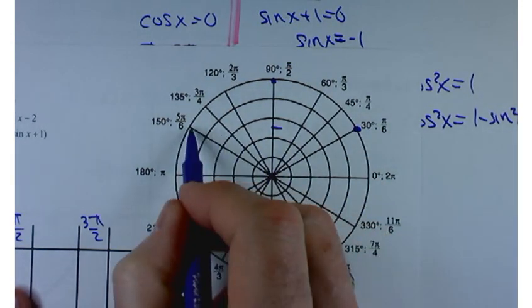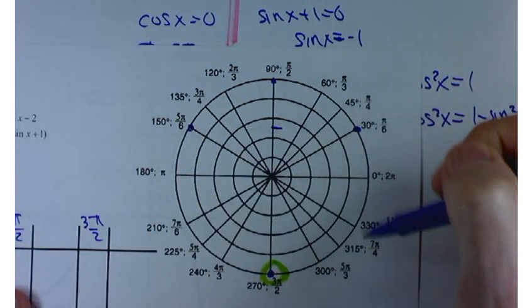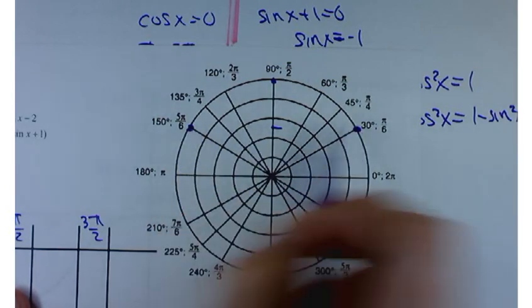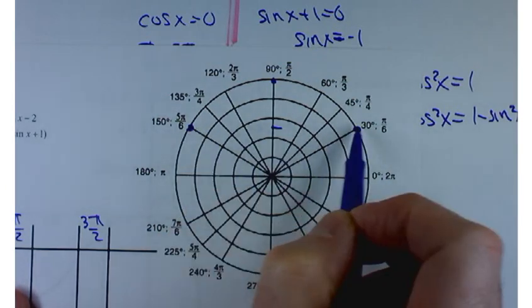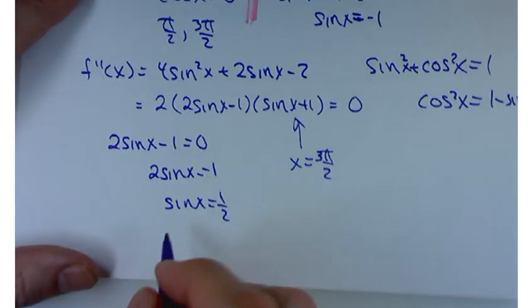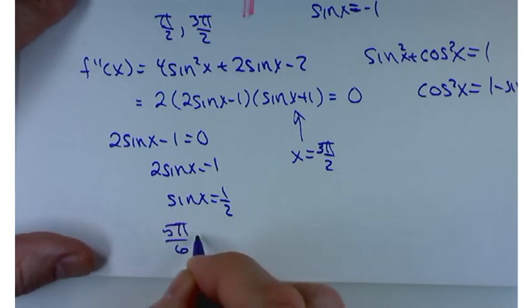We're looking for the y-coordinate. So not pi over 6 and 11 pi over 6, that would be the x-coordinate. Pi over 6 and 5 pi over 6. Those are the two places that have a y-coordinate of 1/2 for sine. 5 pi over 6 and pi over 6.